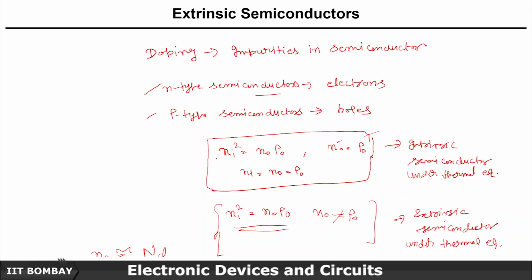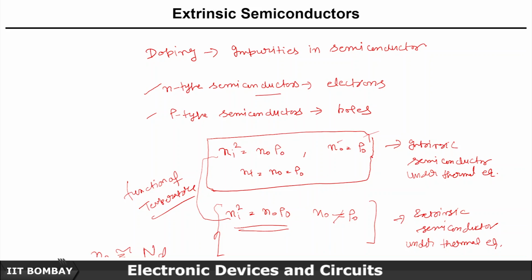This ni will remain the same. It is the intrinsic charge carrier concentration, basically a function of temperature, so if the temperature is the same, this will be the same. Anyway, we will talk about that in detail.